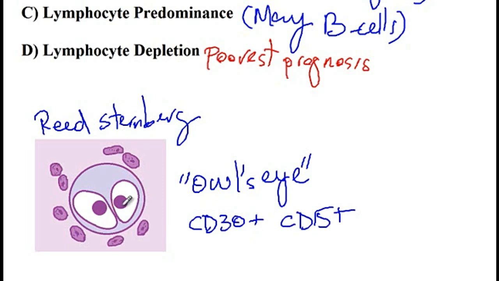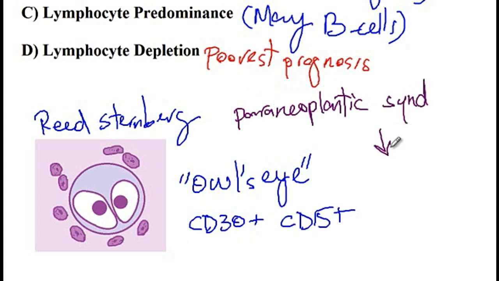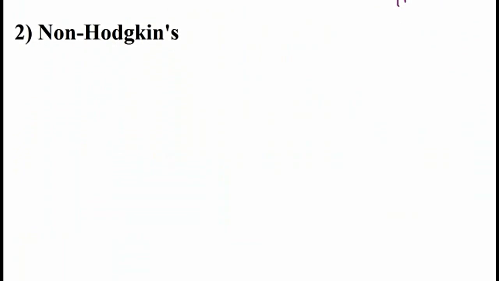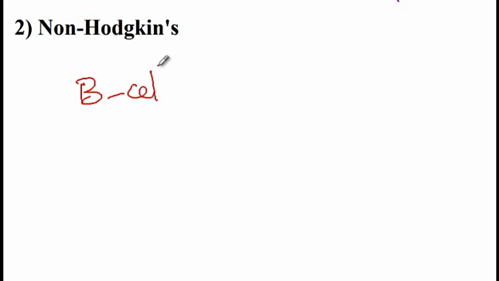And then you should also know that the Hodgkin lymphomas, as well as some of the non-Hodgkin lymphomas, present with the paraneoplastic syndrome by producing the calcitriol, which is a 1,25-dihydroxy vitamin D that can increase the calcium absorption and thus can cause hypercalcemia.